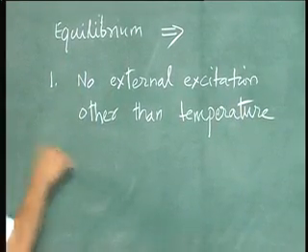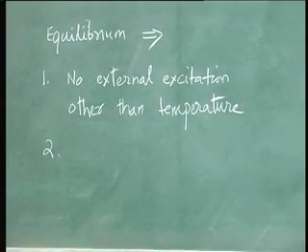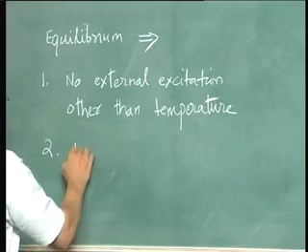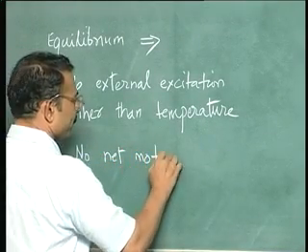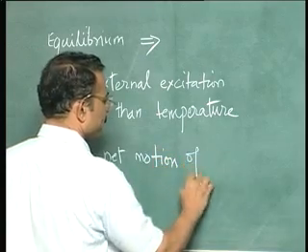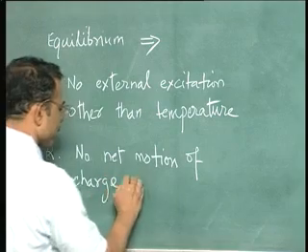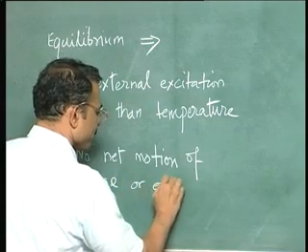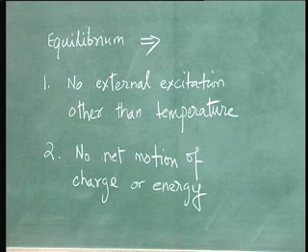Two, no net motion of charge or energy. If these two conditions are valid, then the semiconductor is in equilibrium.